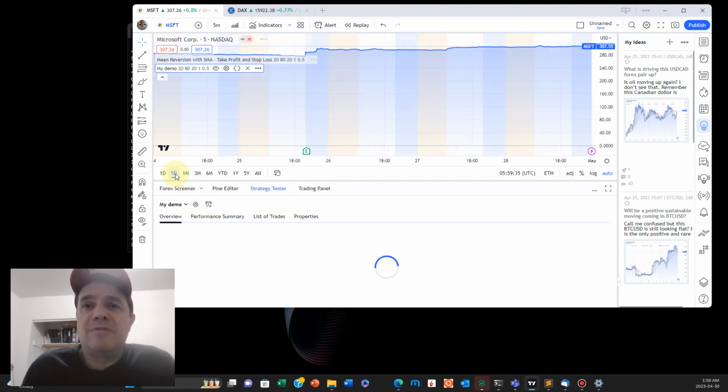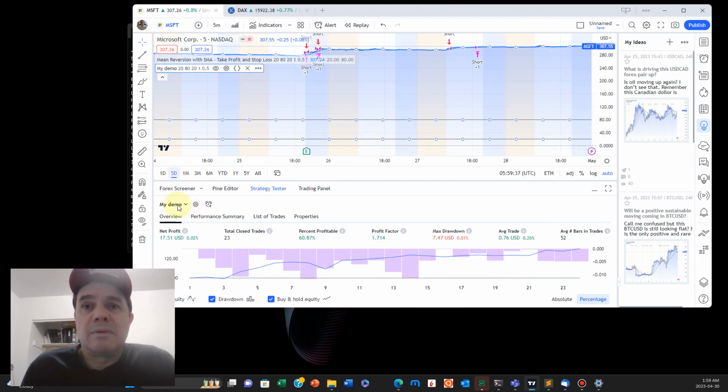And let me just pull up the 5-day. So you can see here it's $17 would generate a profit. This is the key right here, these factors right here. So if we left it on 5-minute data and left this script running, it would have done 23 trades, 60% win rate. And this is the important one, the profit factor.